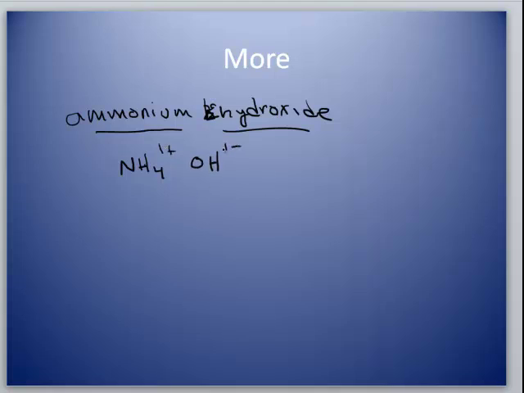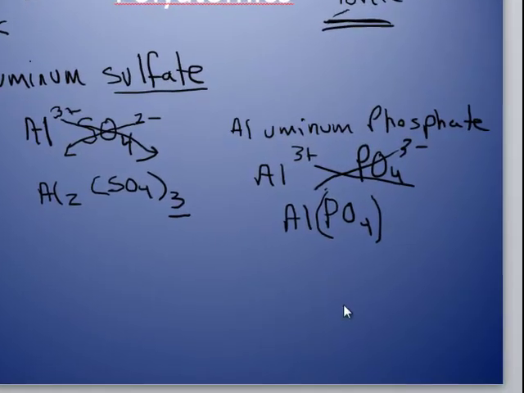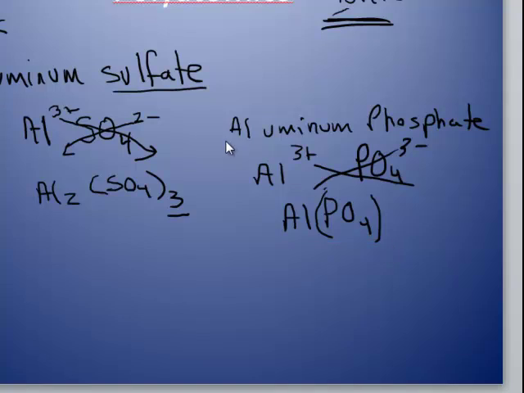And again, we're going to have a 1-to-1 ratio, so we're simply going to write NH4OH. And the name of that compound would be ammonium hydroxide. So when you name compounds with polyatomics, you're simply naming the element and naming the polyatomic. So that would be aluminum sulfate.